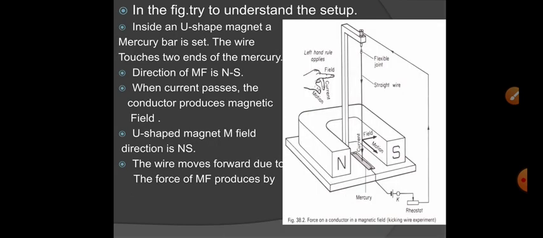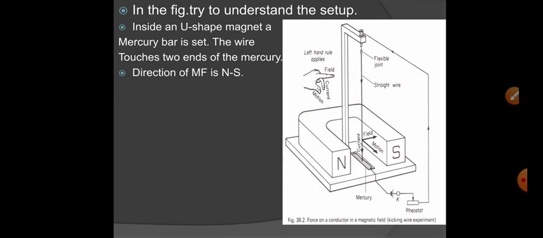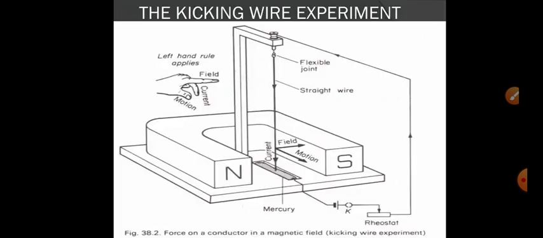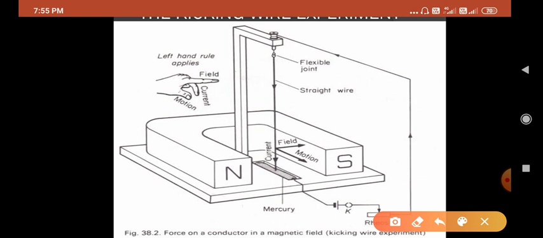Let's see once again exactly what is happening. In this diagram, you see the direction of your current is this, and the direction of your magnetic field which is produced by this U-shaped magnet is this. Then in which direction will the force be acting on the conductor? According to Fleming's left hand rule, it will be in the outward direction.